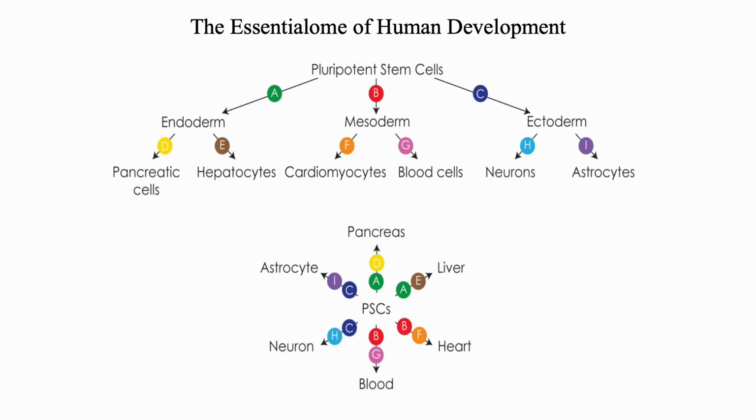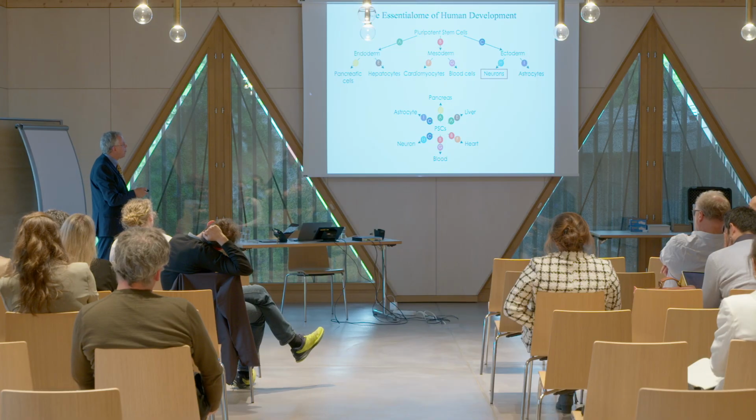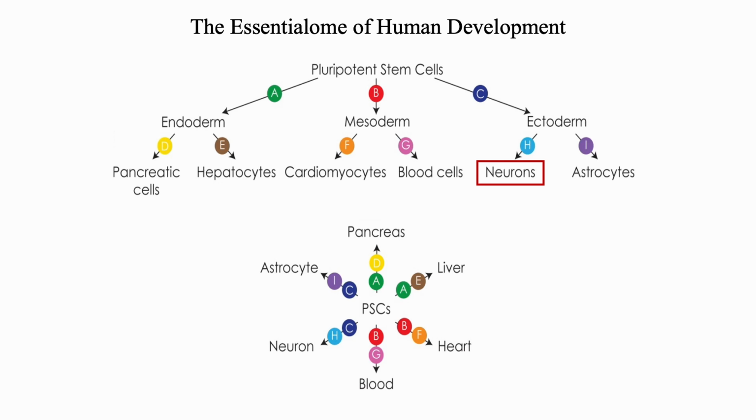embryos. So I showed you that we could do the Essentialome of pluripotent cells. I showed you that we can do that in ectoderm, mesoderm, and endoderm. And now we are trying to have kind of the developmental tree of different somatic cells, but now looking at the Essentialome. And we started that with neurons or caudal neurons, and I'll show you just some unpublished data.